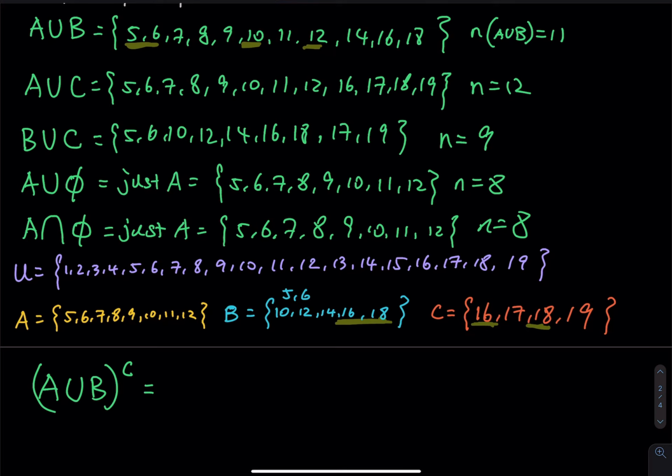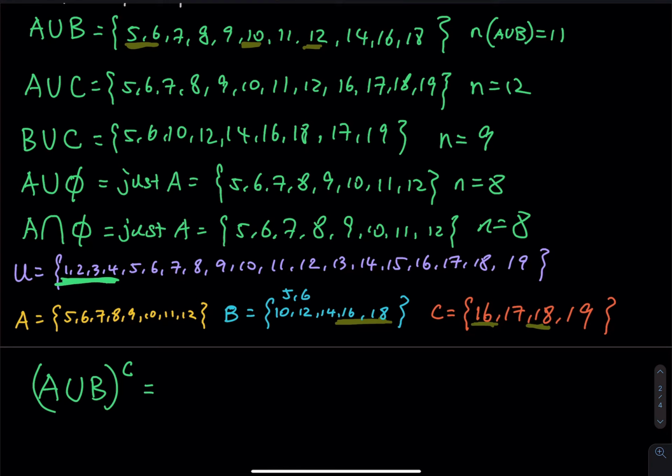I am asking for all the numbers that are not in that set. So you have to look at the universal set. You have to mention the 1 to 4 as well. Then skip all the way to 12, and then skip 14, 16, and 18.